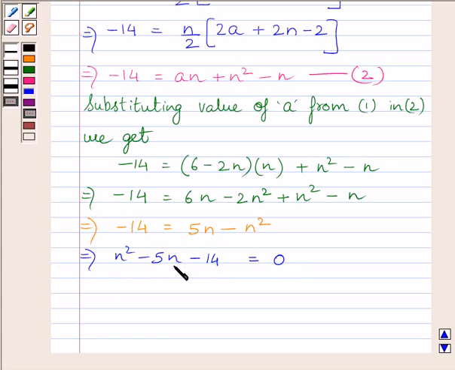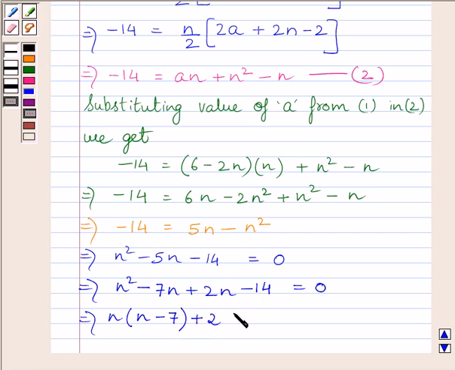Now minus 5n can be written as minus 7n plus 2n. So we can write n square minus 7n plus 2n minus 14 is equal to 0. Now taking n common from first two terms, we get n multiplied by n minus 7, and taking 2 common from last two terms, we get 2 multiplied by n minus 7 is equal to 0.